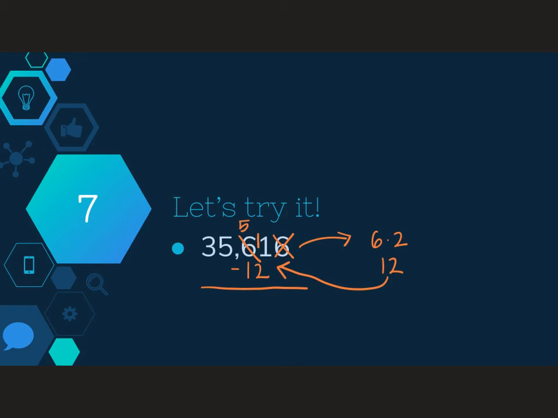So we're going to get 3,549. Take off that 9, double it, and we get 18. So 354 minus 18, you're going to have to borrow again.